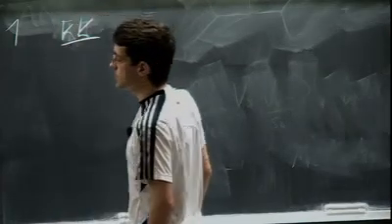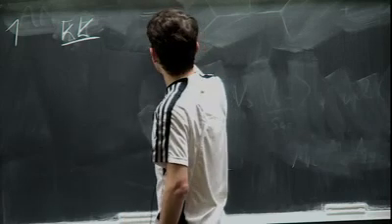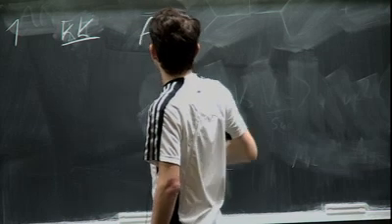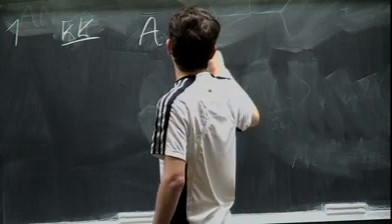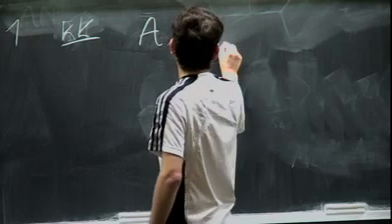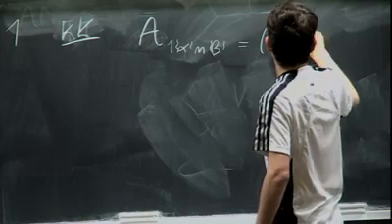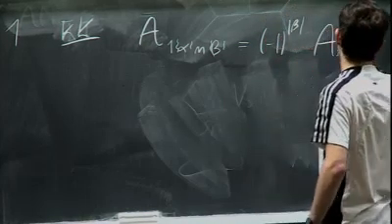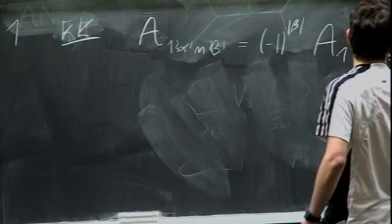It satisfies the Kleiss-Kuijf relation that Freddie was talking about, and the Kleiss-Kuijf relation is A(1, alpha, n, beta) equals minus A(1, alpha shuffle beta transpose, n).